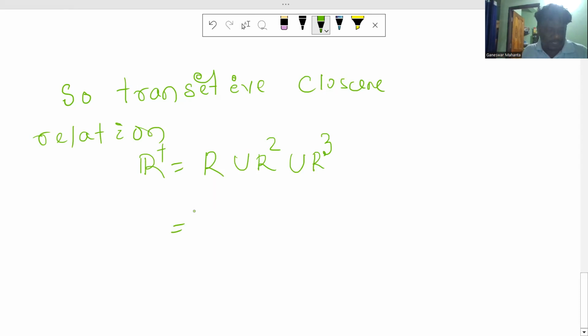So we combine the first relation, R: 1, 3, 2, 1, 3, 2.